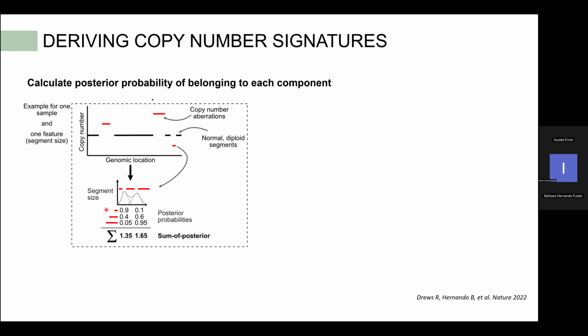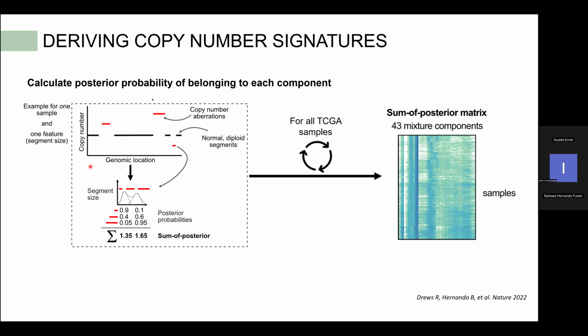We did that for the 5 features that I have already explained. Once we did that for all the features and all the samples, we constructed a sum-of-posteriors matrix, where the columns are the 43 components, the 43 categories of these 5 features, and the rows are the samples included in the TCGA.